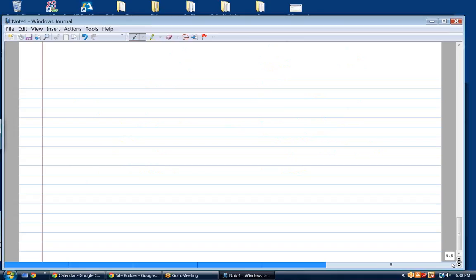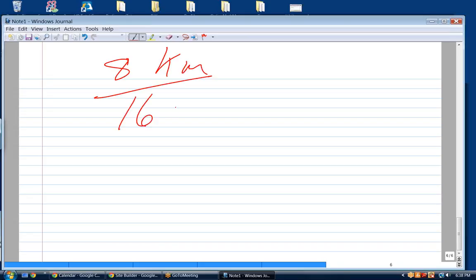The next one is: the scale of a map is 8 kilometers equals 16 miles.